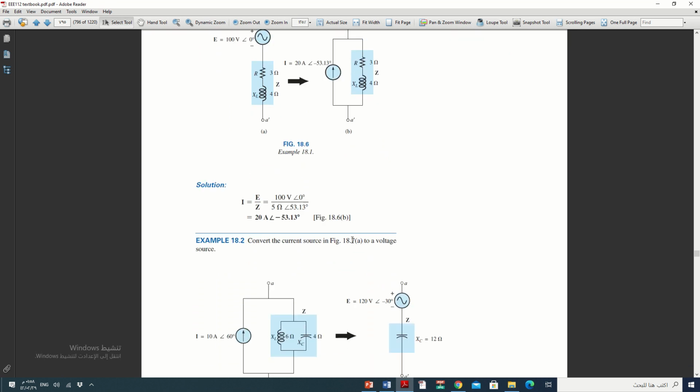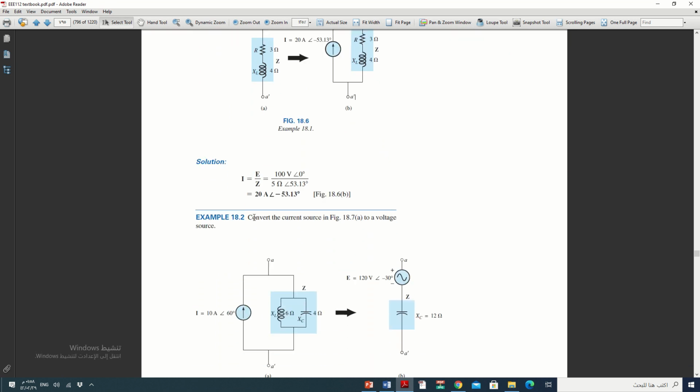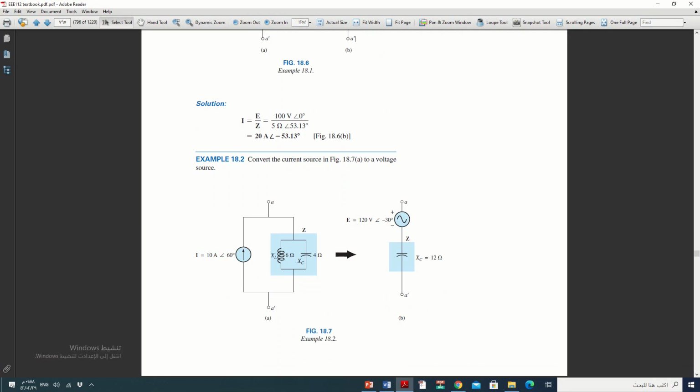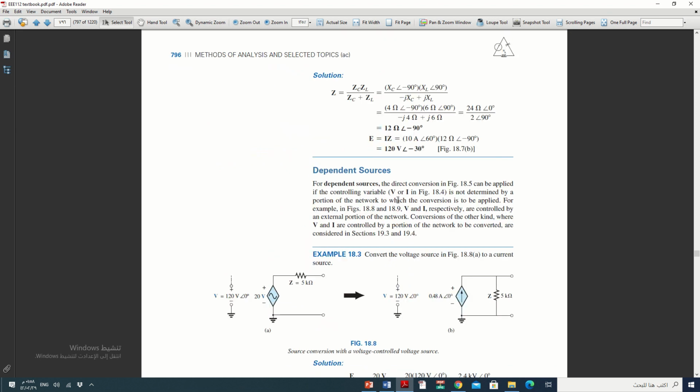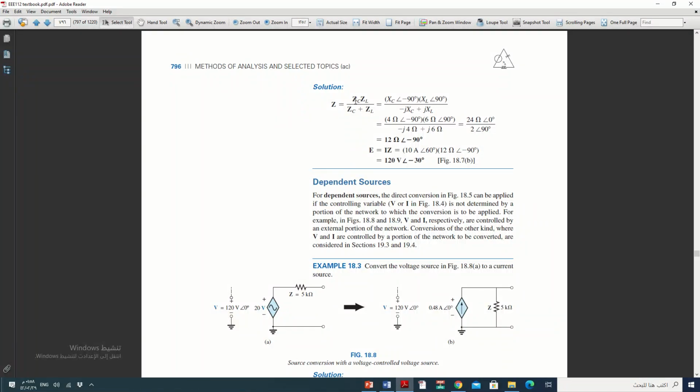Another example: we have a current source and we need to convert it to a voltage source. First, we take the parallel combination of XL and XC and find Z. If you apply ZC multiplied by ZL divided by the summation, you will find the final answer 12 with angle minus 90.